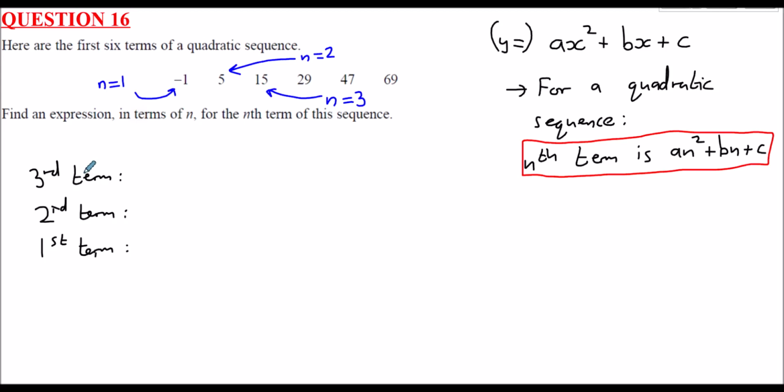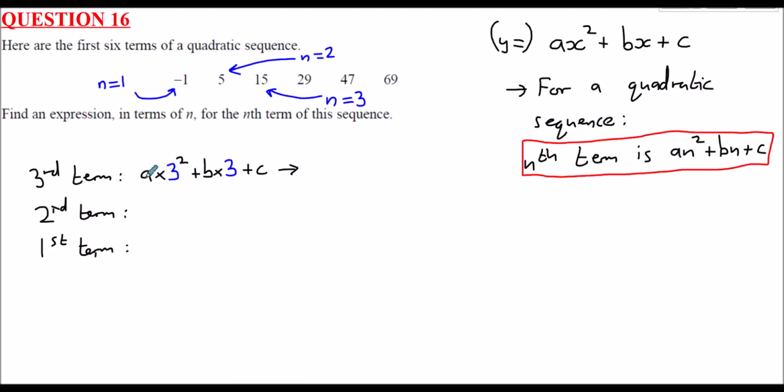I'm going to start with the third term, and you'll see how I'm doing it in reverse order, 3, 2, 1, in a moment. So I've got a times n squared, which is going to be 3 squared, plus b times 3, because again it's the third term, then plus c.